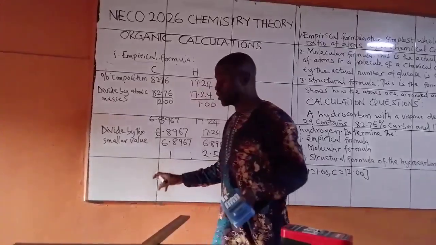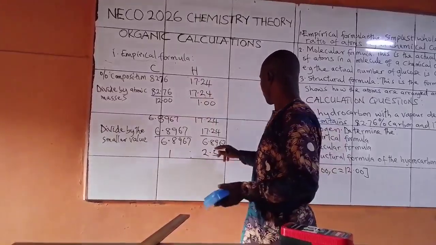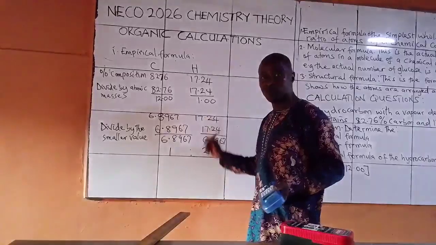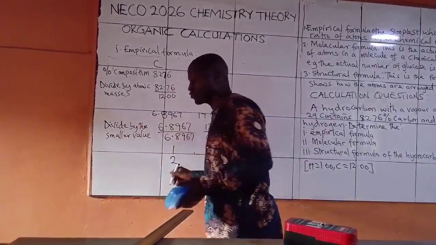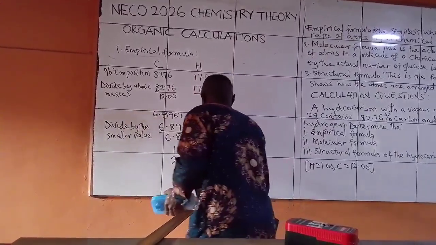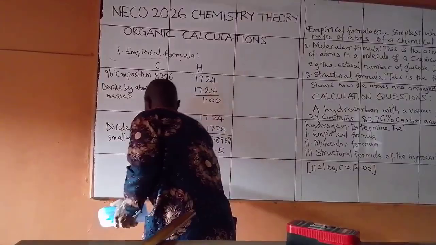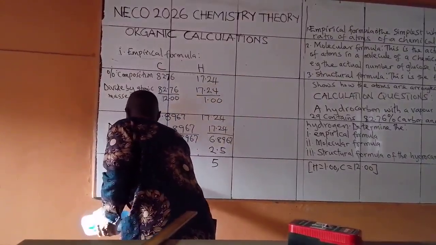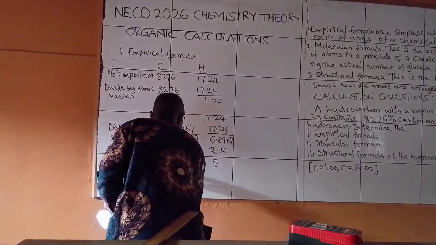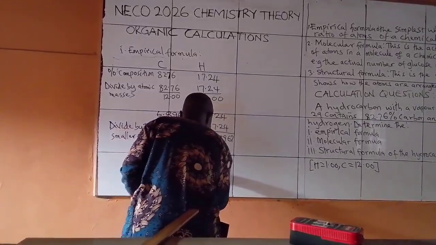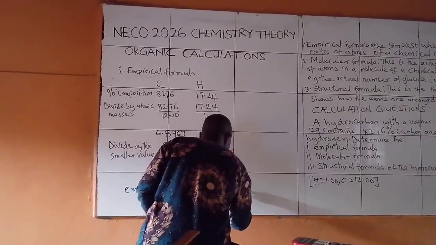So we multiply 1 by 2, and 2.5 as well by 2. Because 1 times 2 is 2, and 2.5 times 2 gives 5. So the empirical formula here is C2H5.